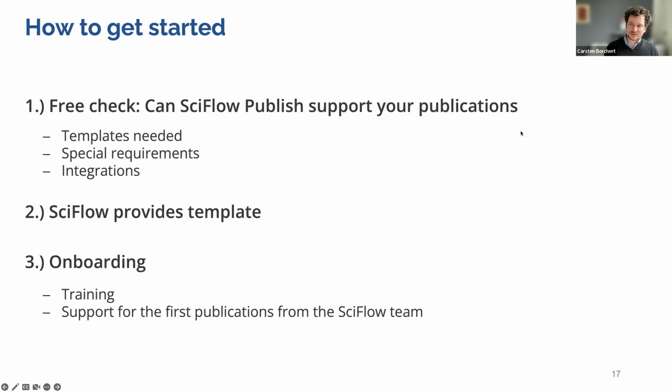You might use different systems, other repositories. So we wanted to check that our output matches the requirements of the input. Usually it takes us a week to perform the check, so it's pretty fast. And if we are okay and you are okay, we could start working on the publications.